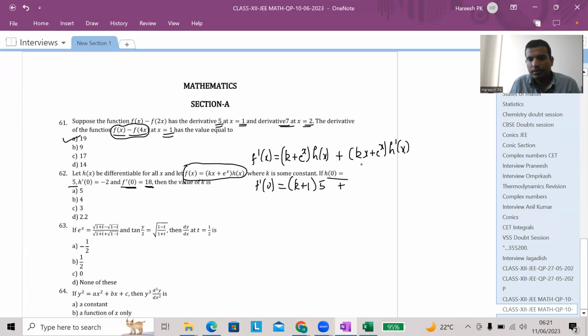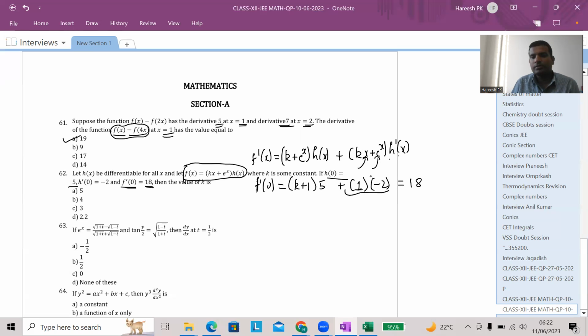Then in the second term, because x is 0, the k into x won't come into picture. It will simply be e power 0, which is 1. And h dash 0 is minus 2. So f dash 0 is already known to be 18. So I'll equate this whole stuff to 18.